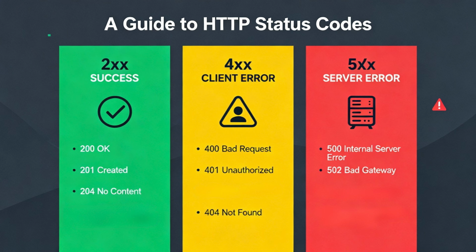Example: 400 Bad Request, 401 Unauthorized, 404 Not Found. 500s, server errors, the server failed. Example: 500 Internal Server Error, 503 Service Unavailable. Using the wrong code is like giving the wrong medicine. It confuses both the client and your future self.